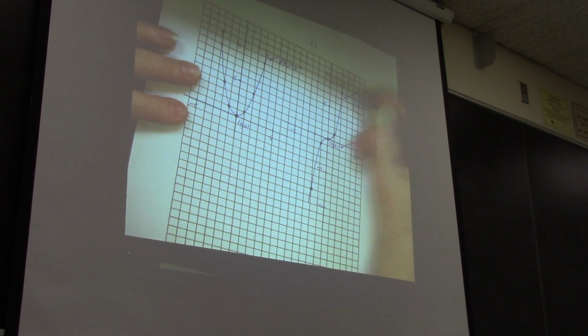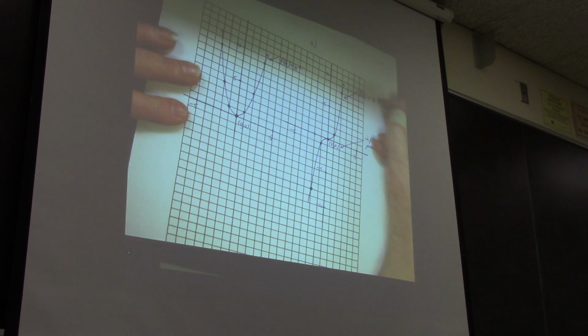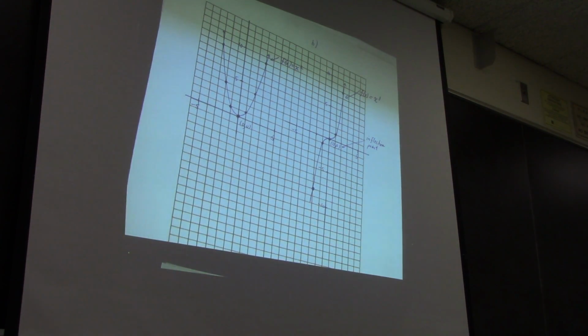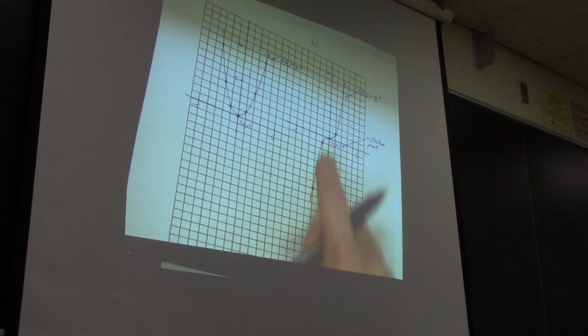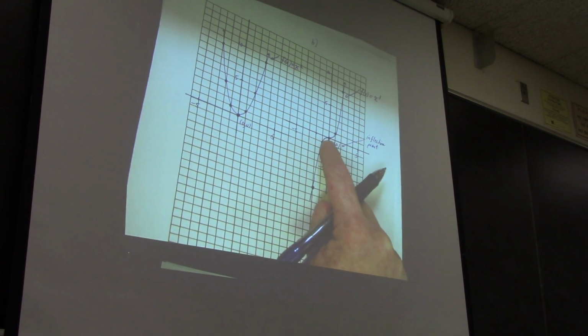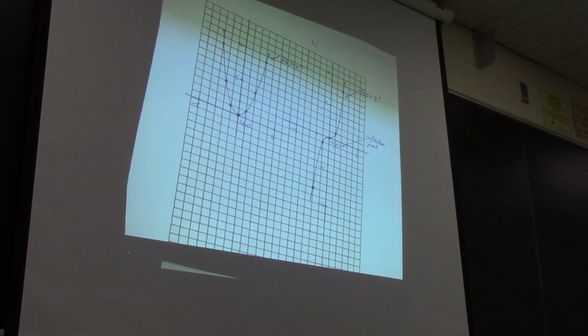Okay, so I want us to remember the shape of that graph and also these 5 points: -2 comma -8, -1, -1, 0, 0, 1, 1, and 2, 8. Okay? So that you could just very quickly graph that cubic function.